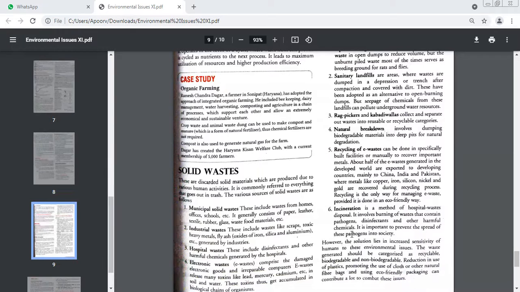This is a very nice technique, but we have to ensure that this is done in a very eco-friendly way. The recycling should not be done in such a way that it harms the ecosystem. It should be done in a nice way. So the e-waste comes from which countries to which countries? Developed countries to? Developing countries. If we talk about 10 or 15 years back, we did not have this number of laptops and computers in India.